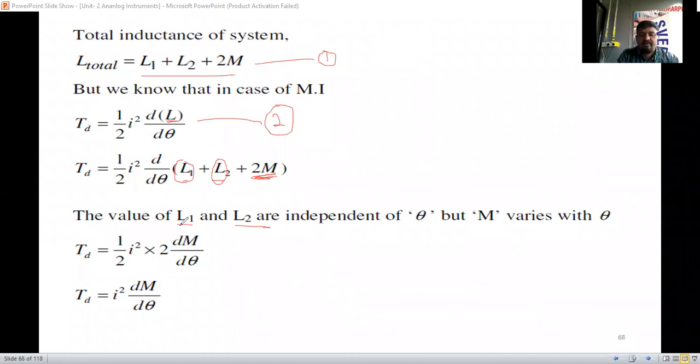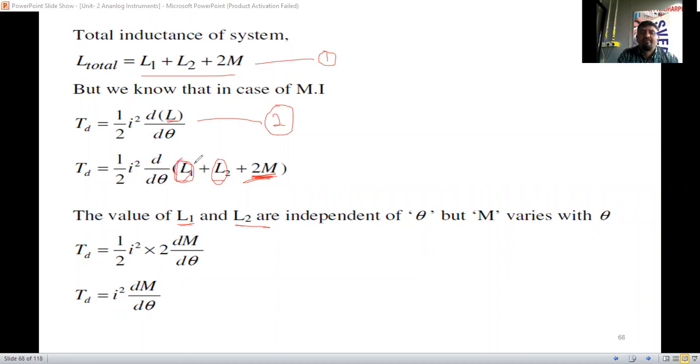But for 2M, the angle of deflection is considered. With the mutual inductance only, the deflection will vary. So dM by d theta we are considering. L1 and L2 are independent of theta, so they act as constant values.